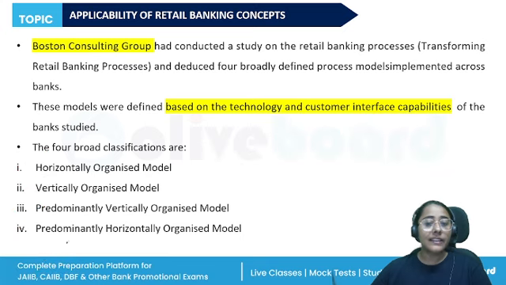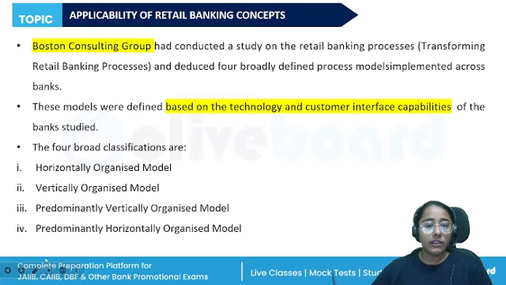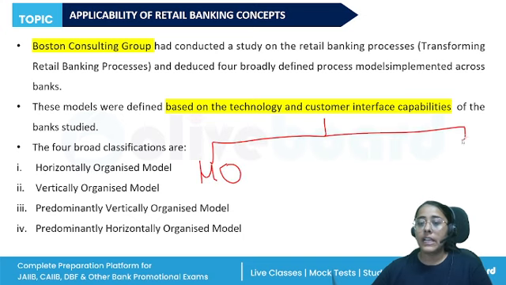Try to understand this in the form of a scale. On the two extremes, we have the horizontally organized and the vertically organized. On this side we have the horizontally organized model, and on this side the vertically organized.